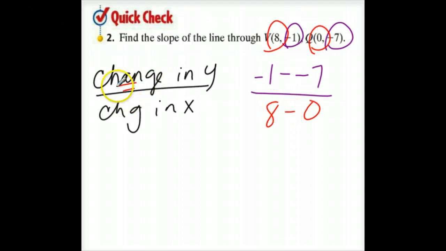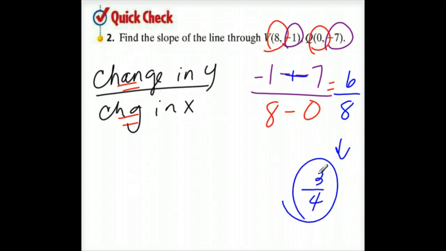We're subtracting because we're finding the change or the difference. This is going to equal negative 1 minus negative 7, which is negative 1 plus 7, 6. 8 minus 0 is 8. This can be simplified to 3/4. Our slope is up 3 over 4.